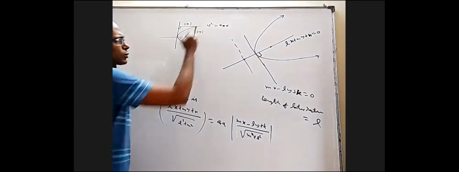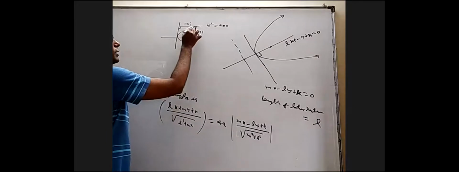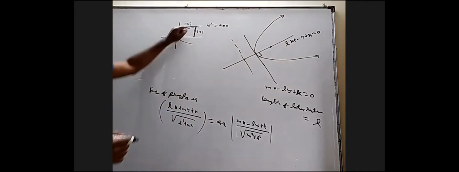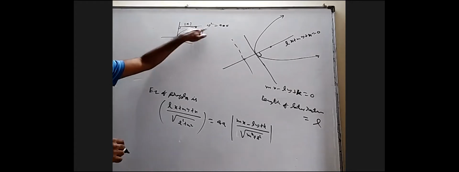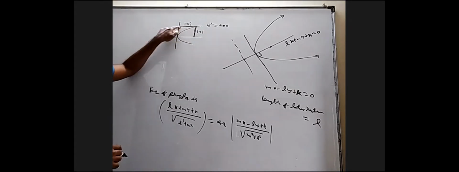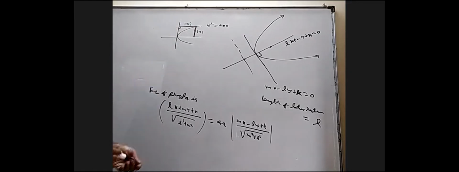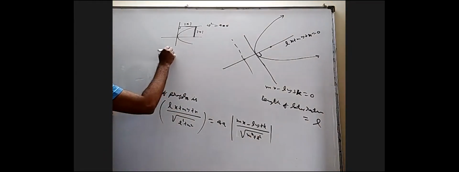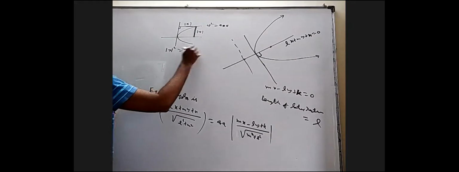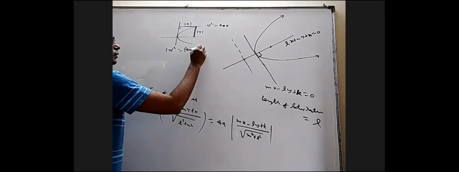This length whole square is always 4a times this length. When I take any point on the parabola, the square of the distance to the axis will be the distance to the tangent at vertex times the length of the latus rectum. That's how we can interpret mod y whole square equal to 4a into x.